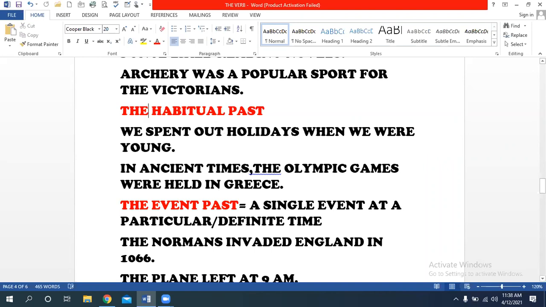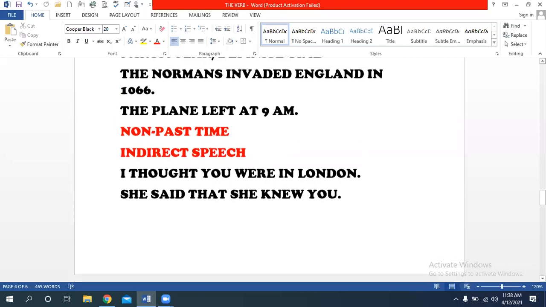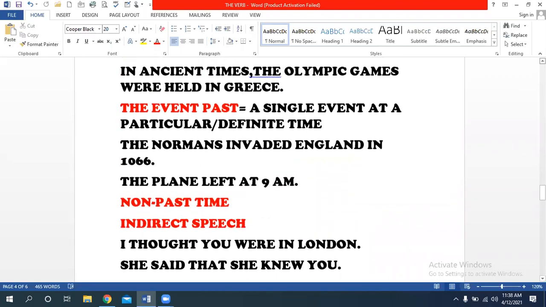There is another word used, the event past. The event past just refers to a particular time, like a single event at a particular or definite time.